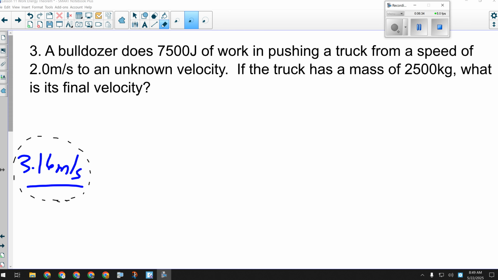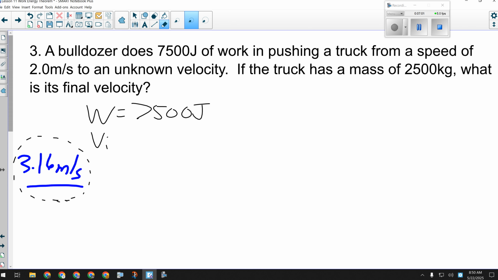Okay, so we know that the bulldozer does 7,500 joules of work. They actually tell us how much work is done, which means I'm not going to need to do force times distance here. They already told me what that equals, 7,500 joules. And that's in pushing a truck from a speed of 2 meters per second.